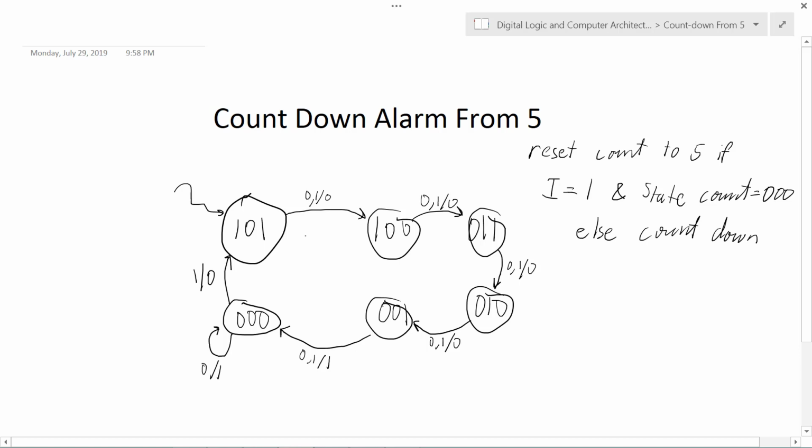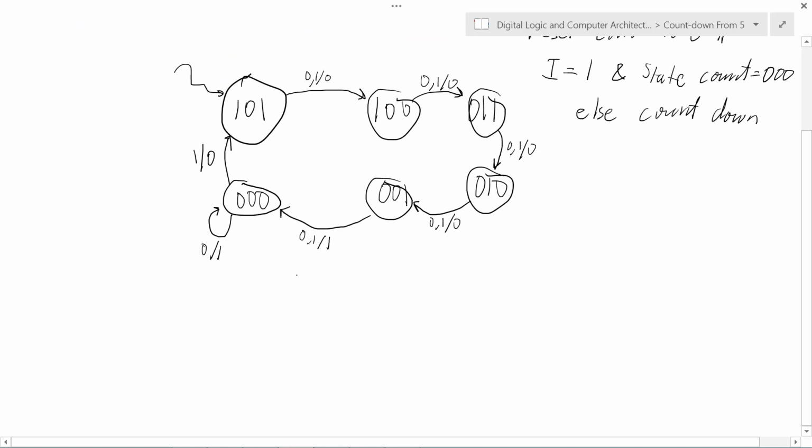We now can draw the state diagram. The first thing we should notice is that we have only 6 states. 6 is not a power of 2.